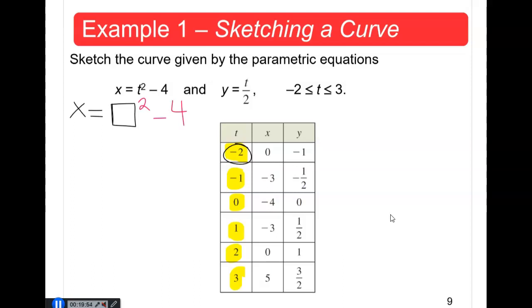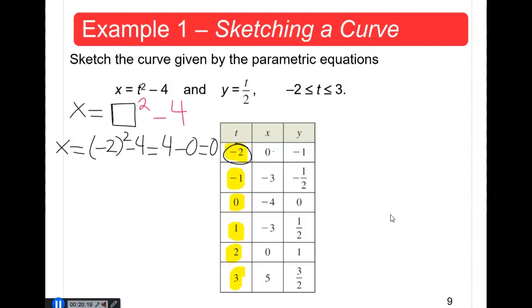So when t is -2, of course, we will put a -2 here. X will be equal to (-2) squared minus 4. (-2) squared is equal to positive 4, because -2 times -2 is 4. So 4 minus 4 gives us 0. So we have that one.